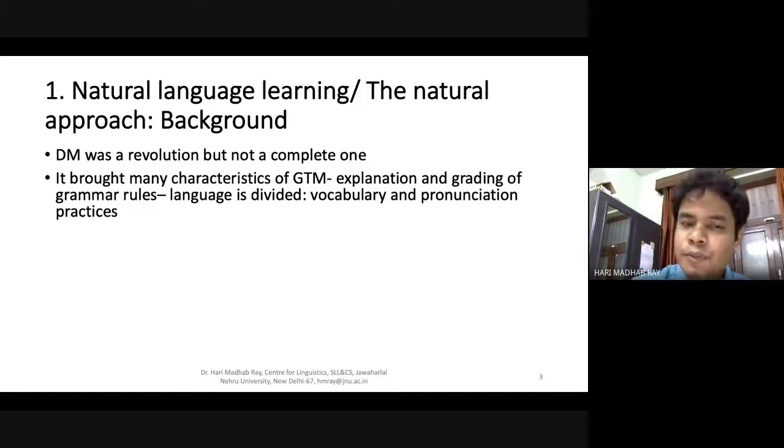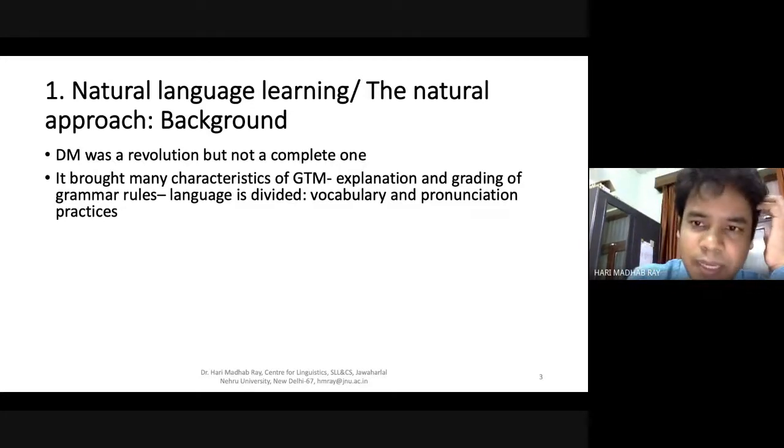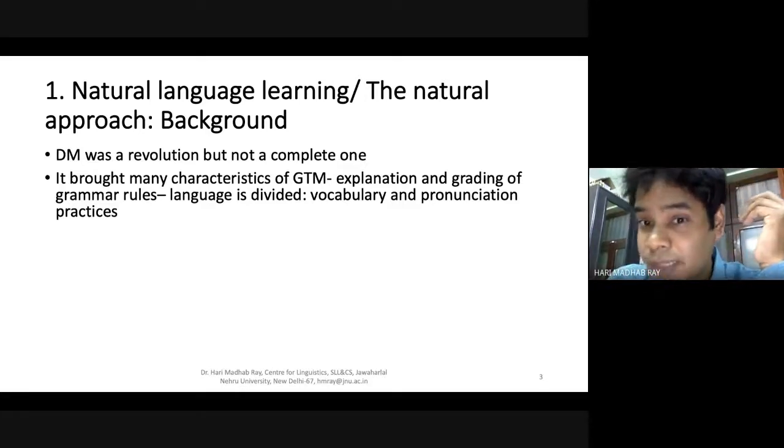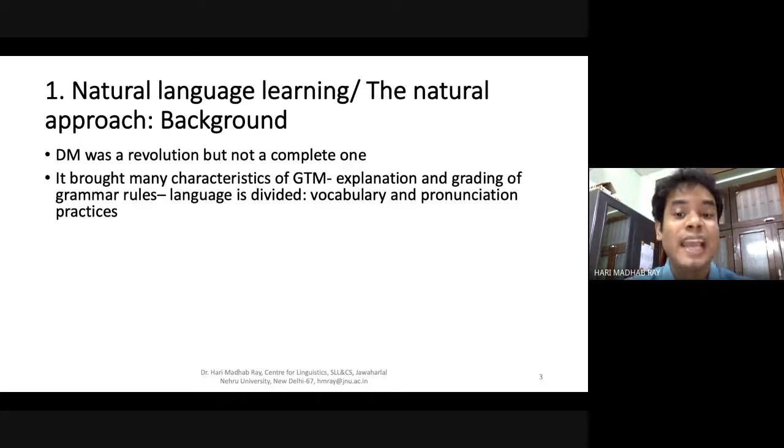What happened? Though the direct method challenged the grammar translation method, it retained many characteristics of it, such as explanation and grading of grammar rules. In principle they are not saying that they are explaining. Remember, it's basically action, not explanation.